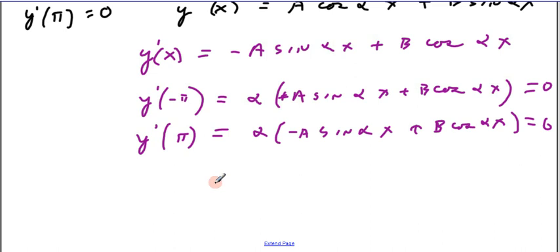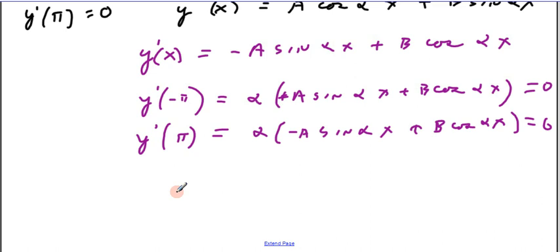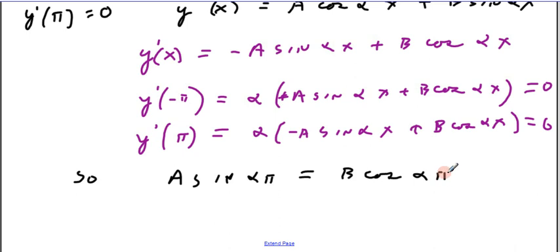Right. So from those two equations, we know that from that we get that a sine alpha pi has to equal b cosine alpha pi, which has to be 0.